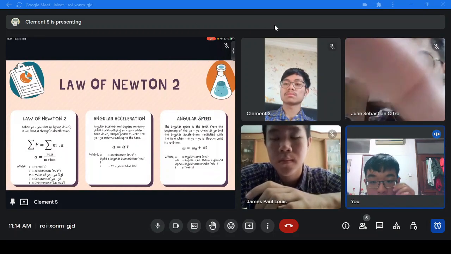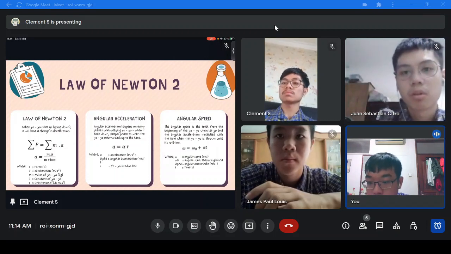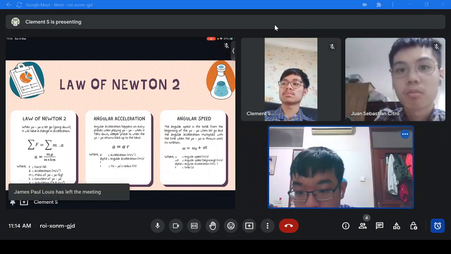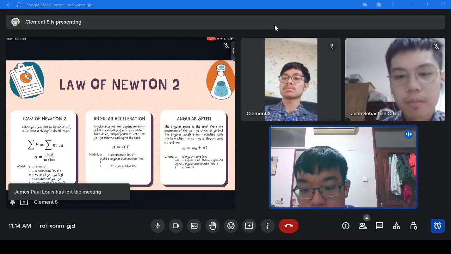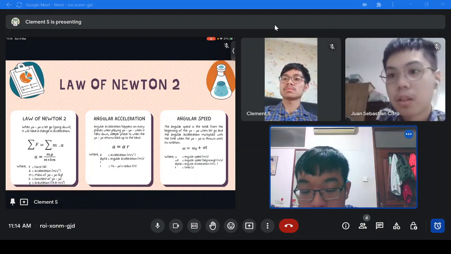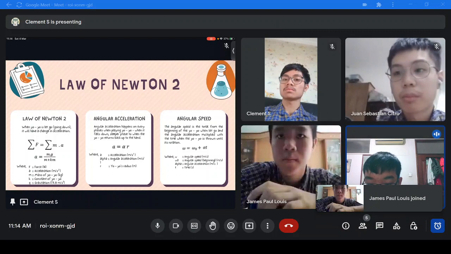And now we have the law of Newton 2. So the law of Newton 2 is when yo-yo is let go, or we can say going down, it will have a change in acceleration. The formula, there are two. Number one, sigma F equals sigma m times a.